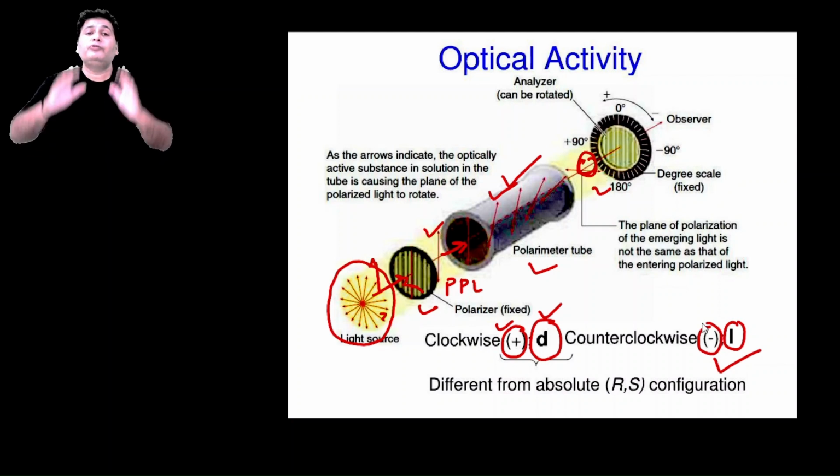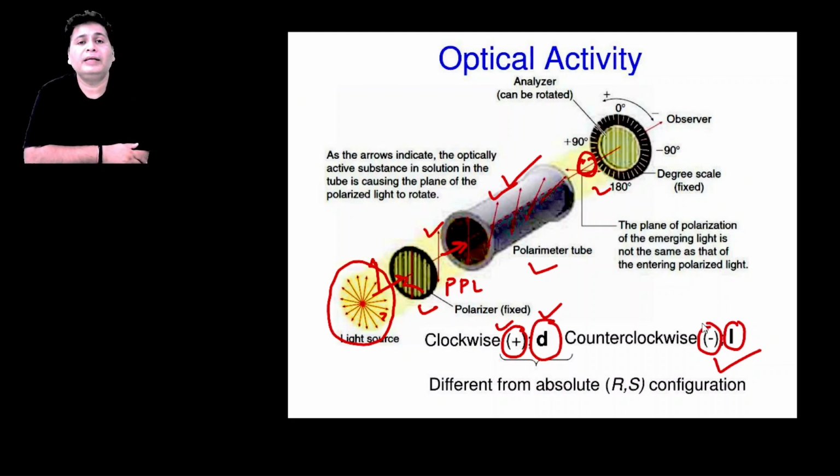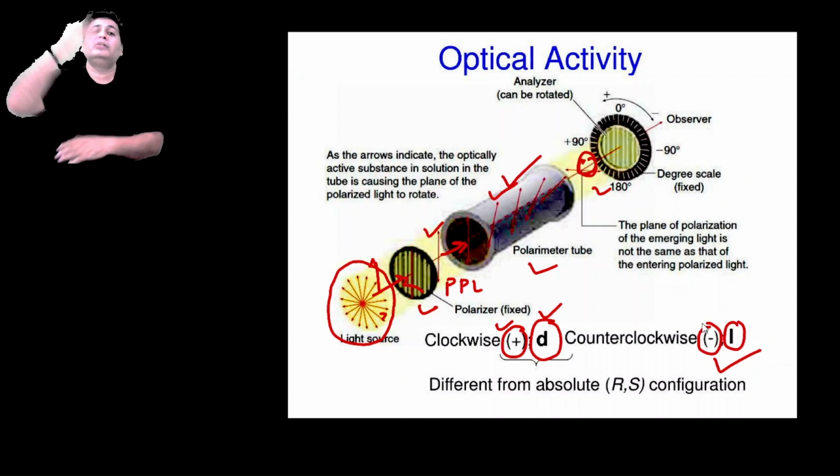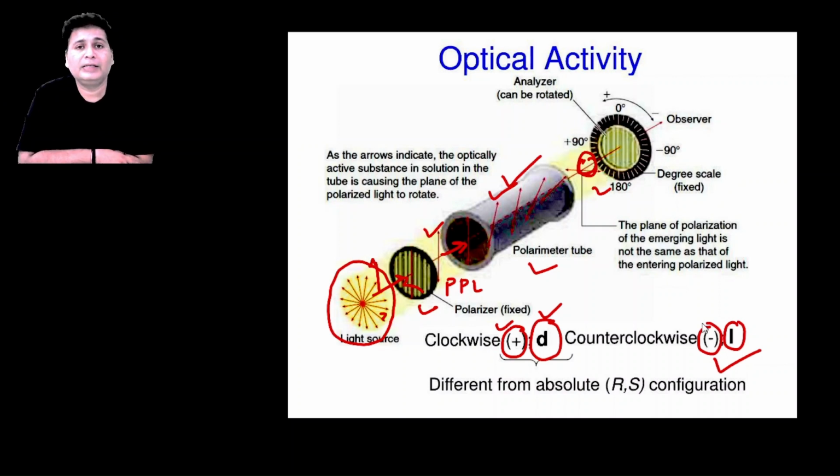For that, you first create plane polarized light using unpolarized light, and that plane polarized light is passed through a polarimeter tube, and you watch for the plane polarized light coming from the other end. Once you find that the plane of the plane polarized light has been turned either clockwise or anti-clockwise, we declare that compound as optically active.